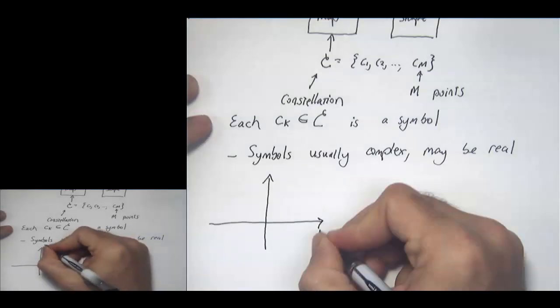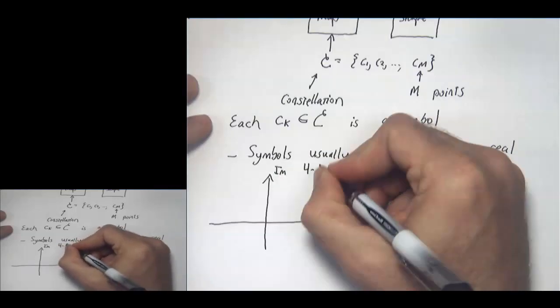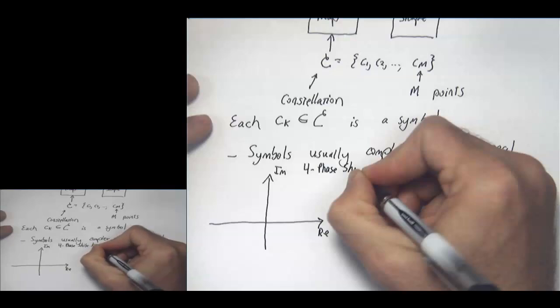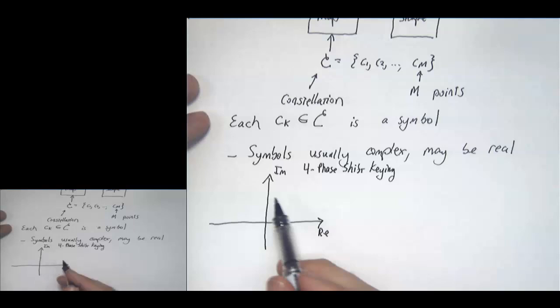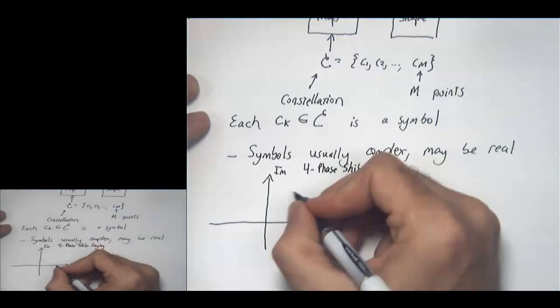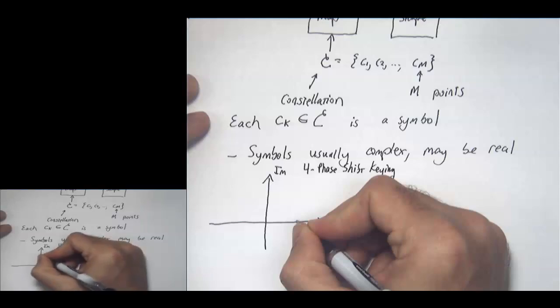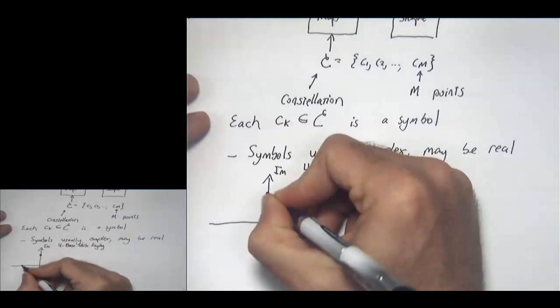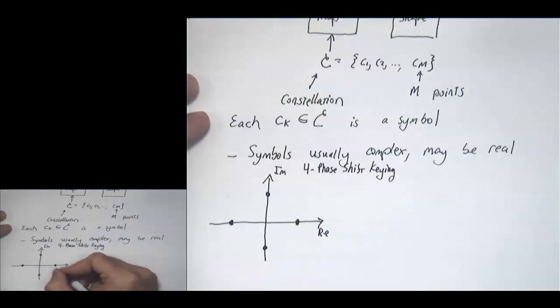But for now, I'll give you one example, which is called 4 phase shift keying. The way we illustrate the constellation, if it's complex, is we draw a real and imaginary axis, and then we typically label the points with little circles. Of course, you could use diamonds or something else.